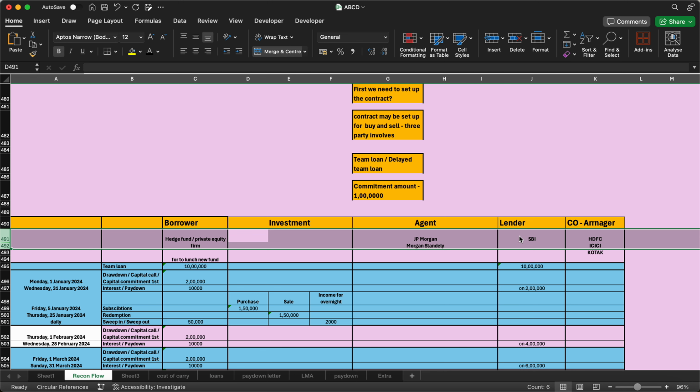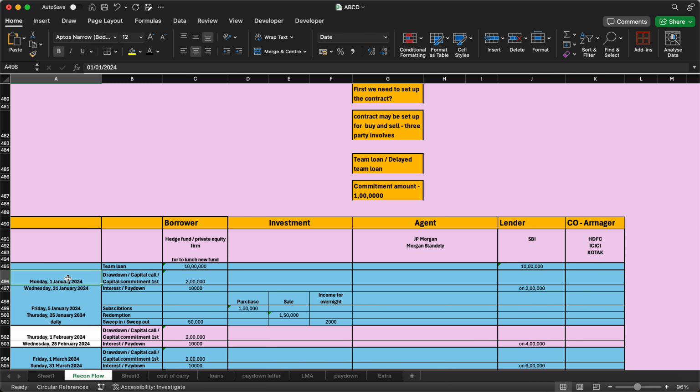So they withdraw 2 lakh rupees out of 10 lakh rupees, because a lender will not give the full amount in one go; they will release it in batches, in cycles. Here the first cycle is decided on January 1st, 2024, as an example.